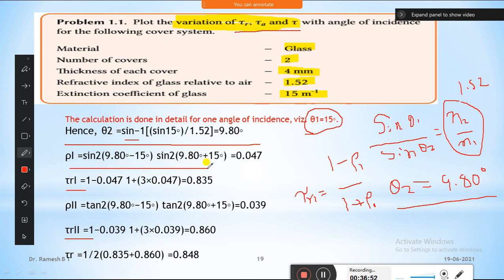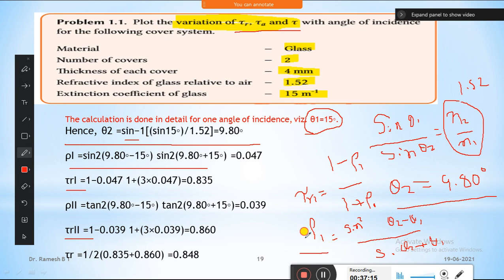Rho 1 is equal to sine square (theta 2 minus theta 1) divided by sine square (theta 2 plus theta 1). We already have theta 2 and theta 1. If you substitute them, you will get rho 1.